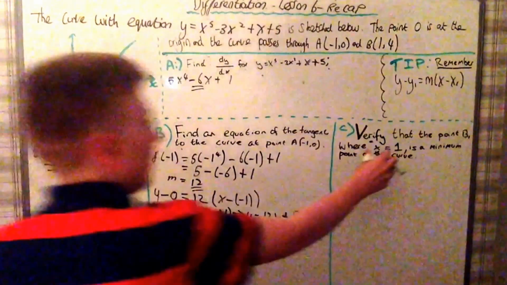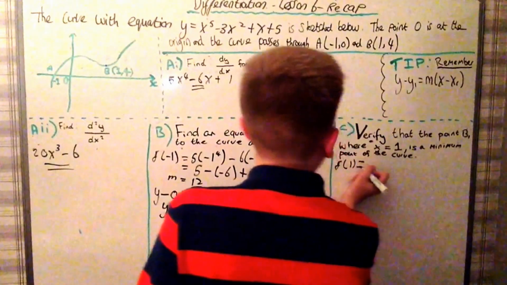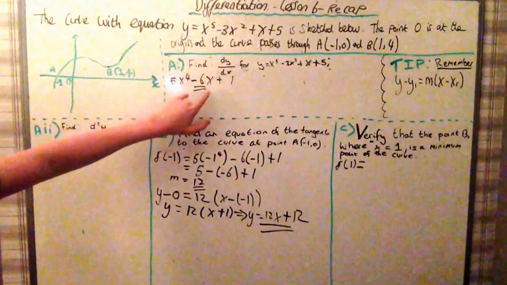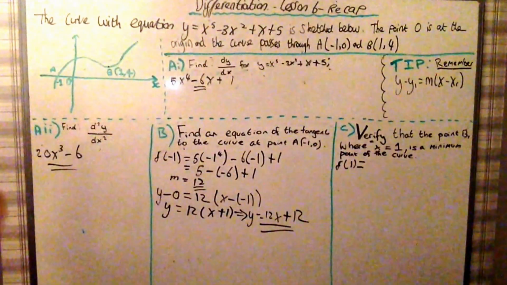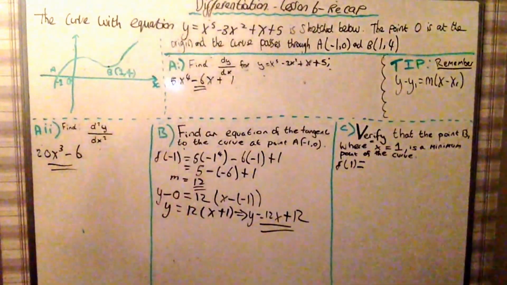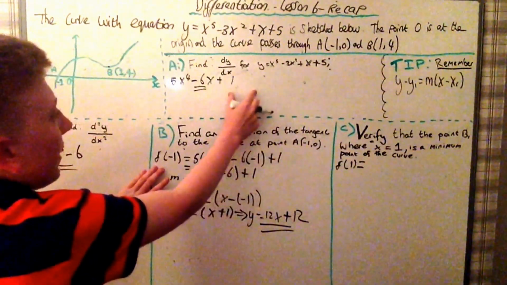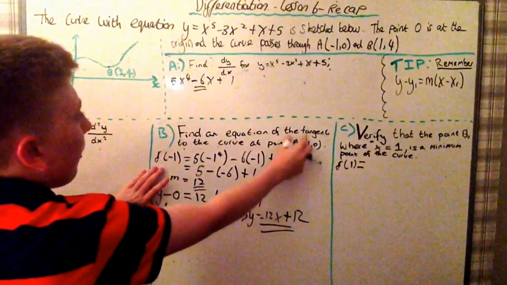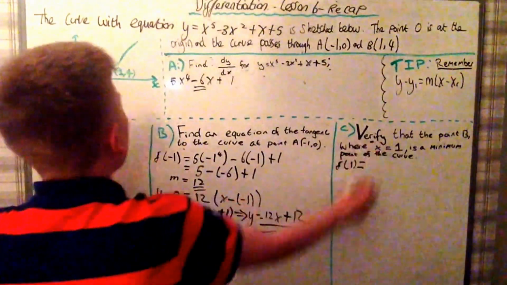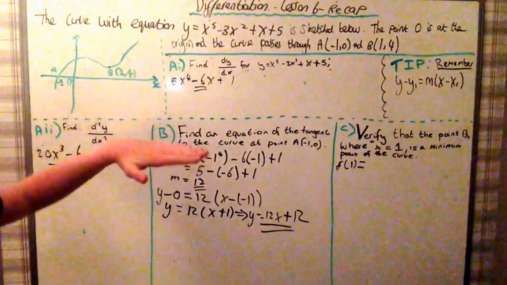So the first thing we need to do is substitute in the value of x given to us into our first derivative, and we hope to get 0, because again, like we did here, we substituted our x value in to our first derivative to find our gradient of the tangent. We do the same for point B, and we hope that if we get 0 as our gradient, then that proves that it's a stationary point.